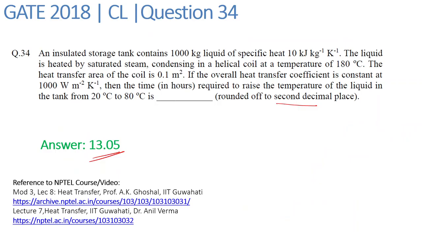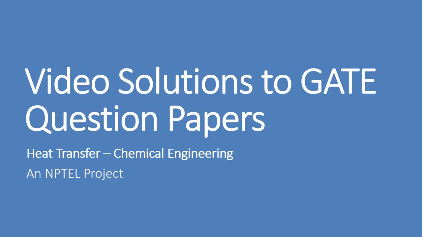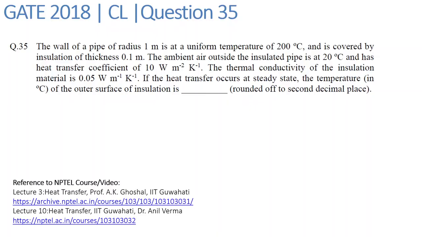Yes, now let's look at another question. This is question 35 from the GATE 2018 chemical engineering paper from the heat transfer subject. Here we have been given the wall of a pipe of radius 1 meter at a uniform temperature of 200 degrees Celsius, covered by insulation of thickness 0.1 meter.